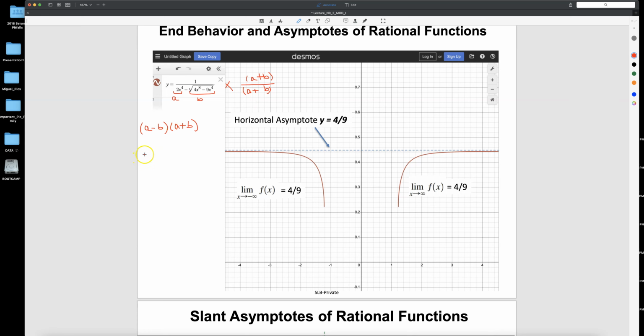A plus B is 2x to the 4 plus all this square root of 4x to the 8 minus 9x to the 4. You are going to multiply all of this expression by this one.